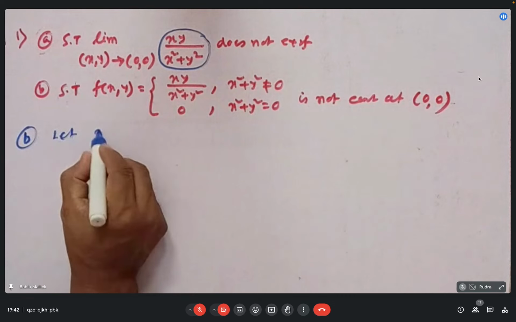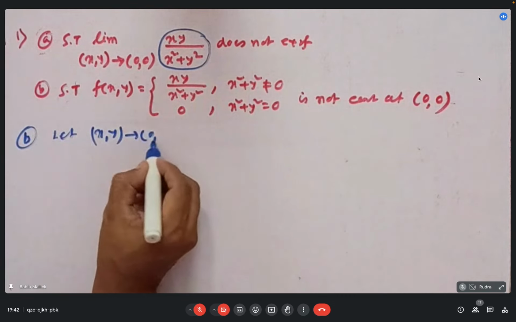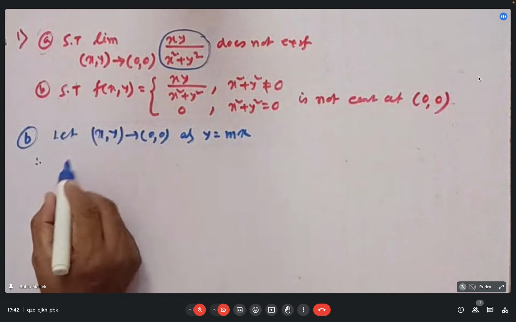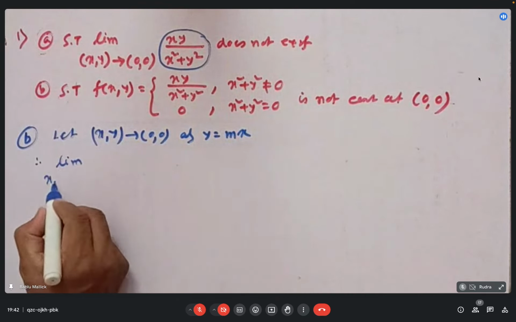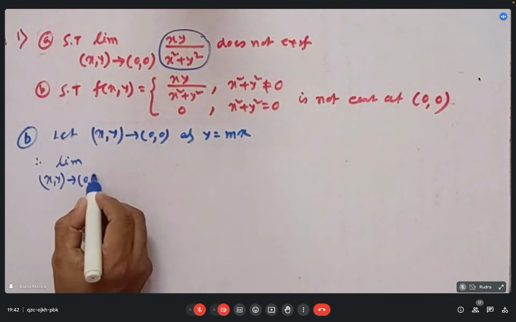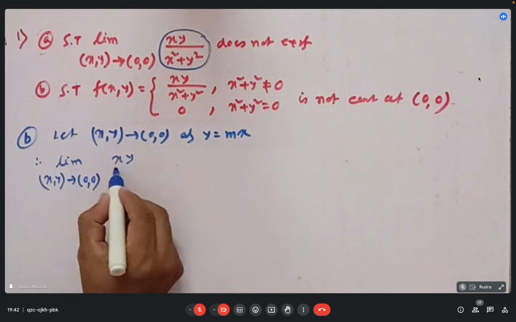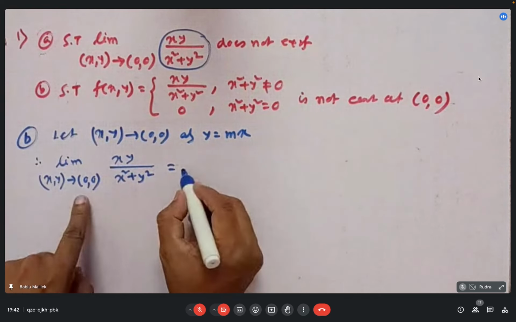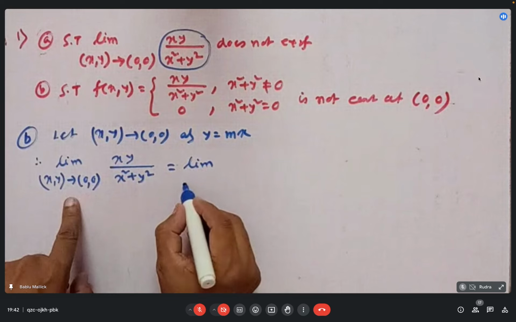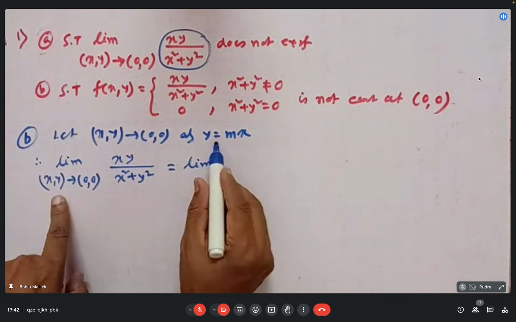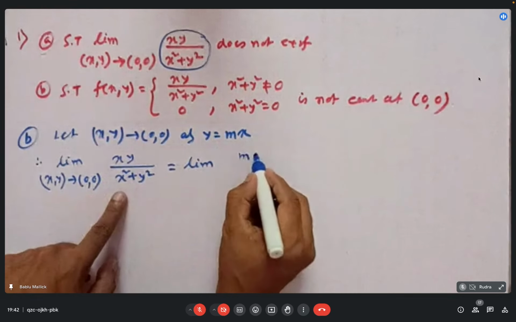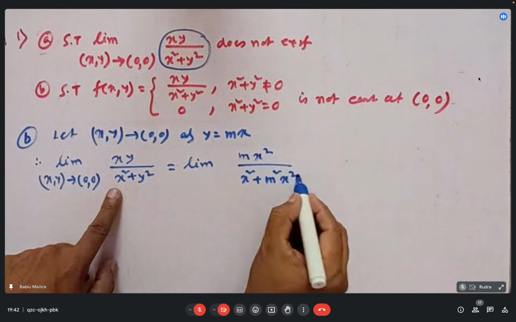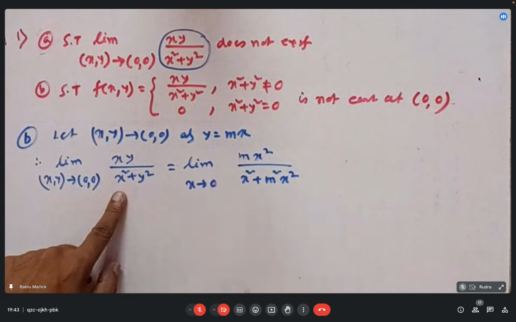Let (x, y) tend to (0, 0) along y = mx. Therefore, the limit as (x, y) tends to (0, 0) of xy divided by x square plus y square is equal to, I shall put y = mx, so it is m into x square in the numerator, and x square plus m square into x square in the denominator, with limit x tends to 0.